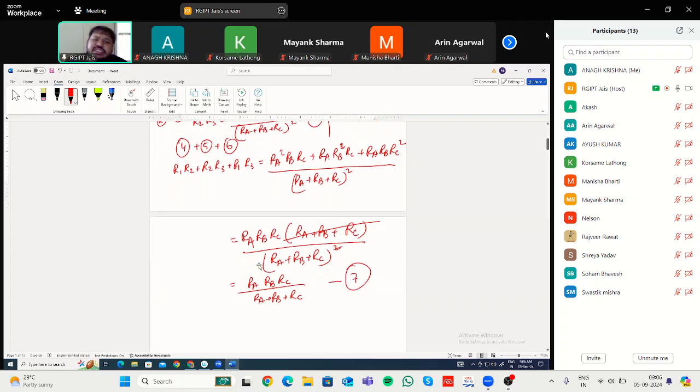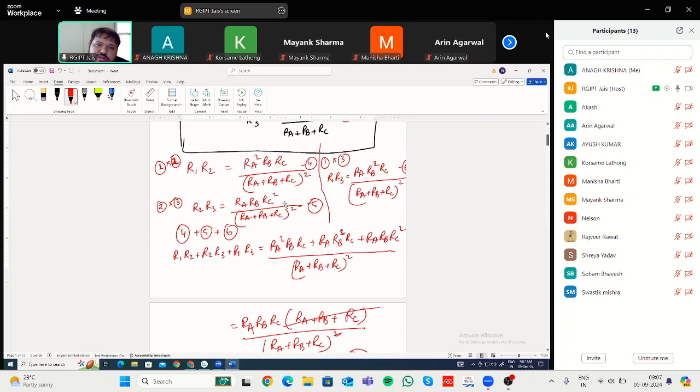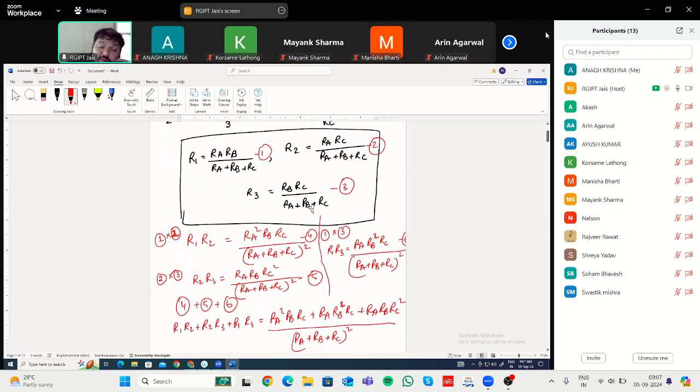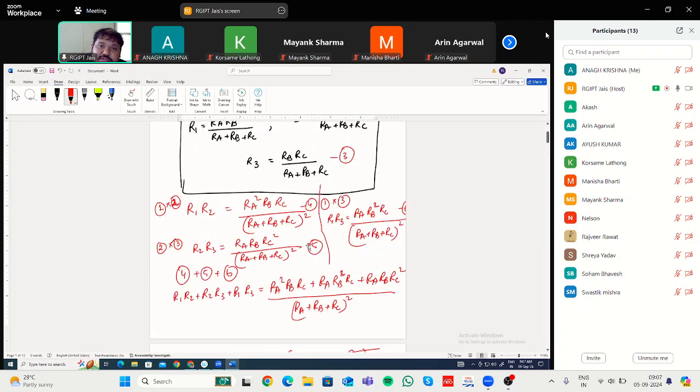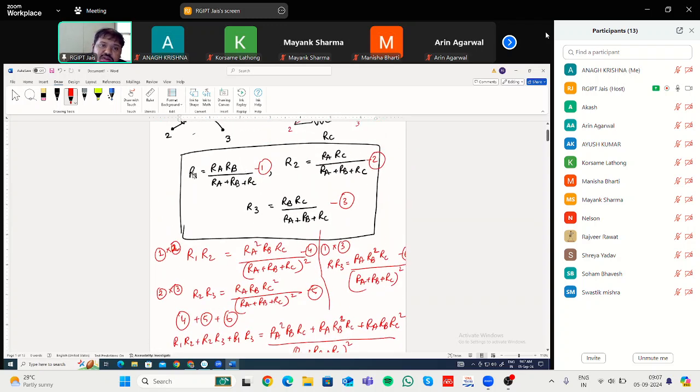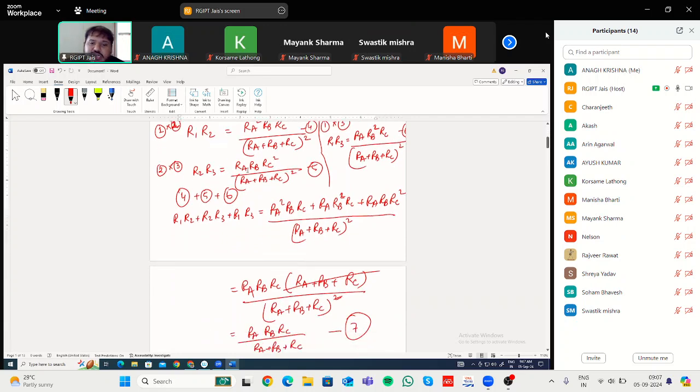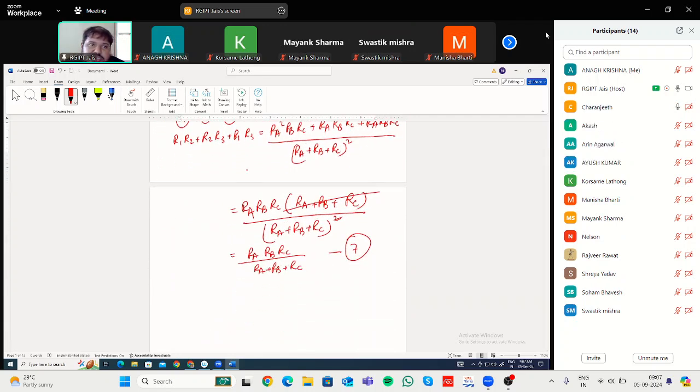Now, using equation 7, you can find all the values of RA, RB, RC. See, if you compare equation 7 with equation 1, in equation 1 you can see R1 is equal to RA multiplied by RB divided by RA plus RB plus RC.